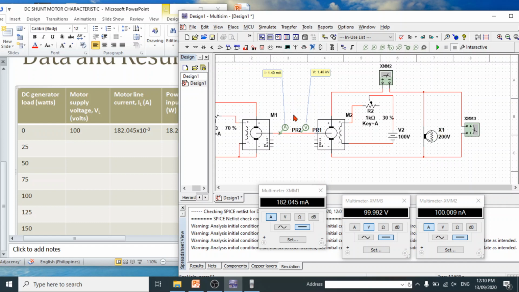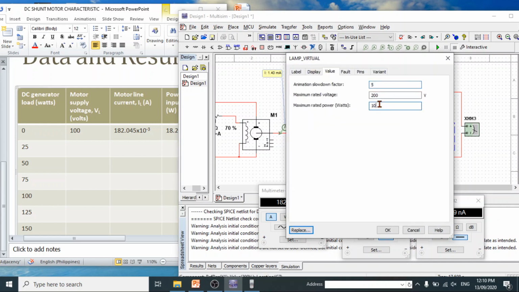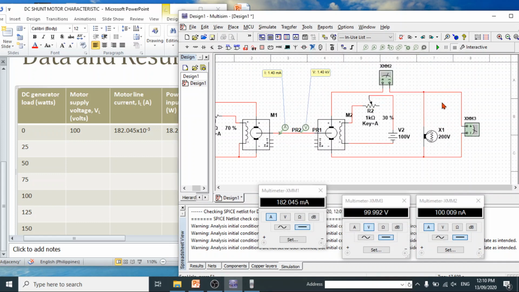Since the load of the generator in the table was 0, that means there is no load, so you have to remove the load. Then we double click, change this one to 25 watts, then simulate.